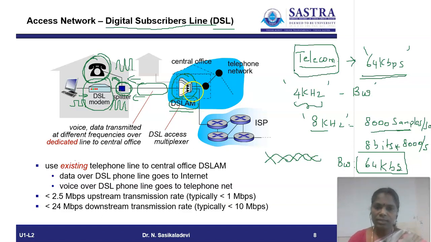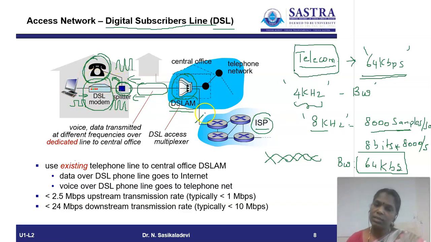After that, if the data is for the internet, it will be transmitted to the internet service provider. In existing telephone communication, the telephone company itself acts as an ISP. For example, if you want to access the internet through DSL, you have to rely on BSNL.